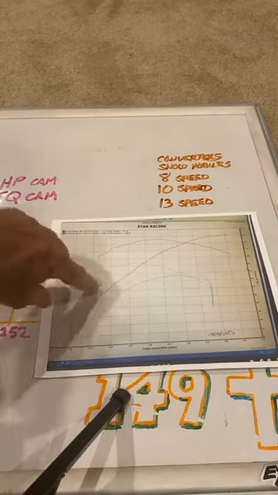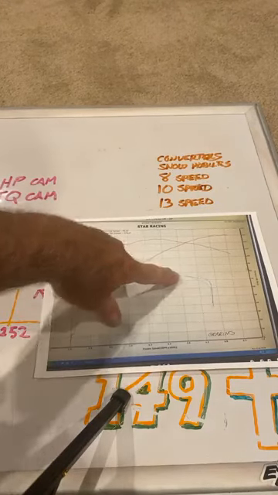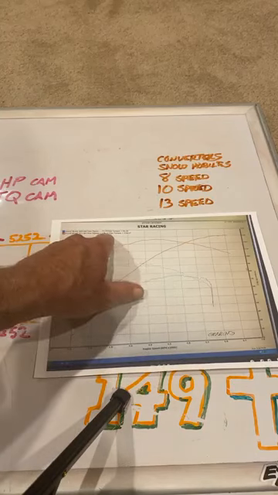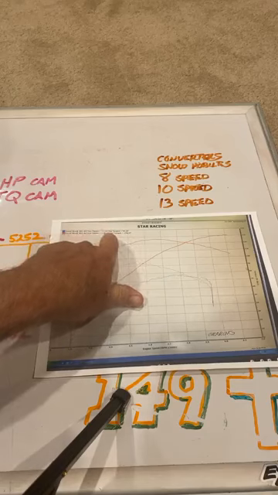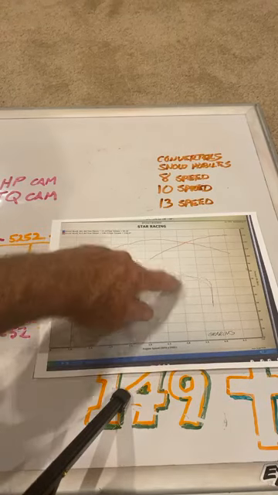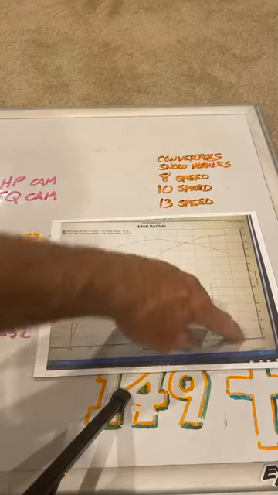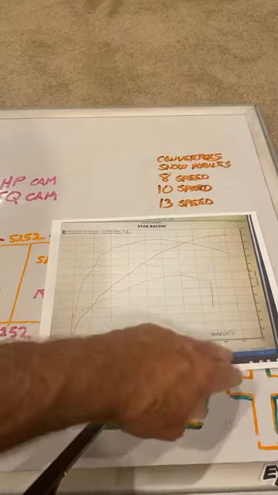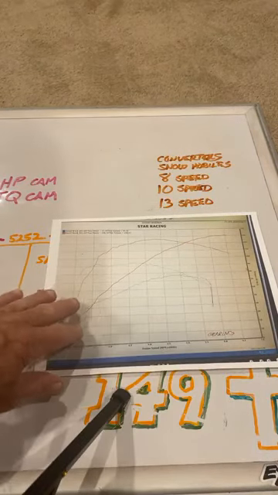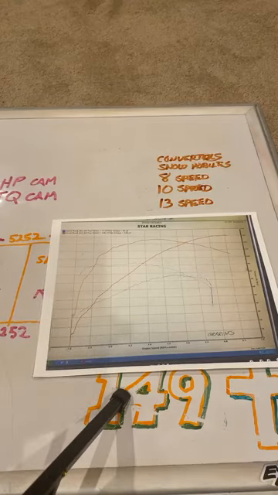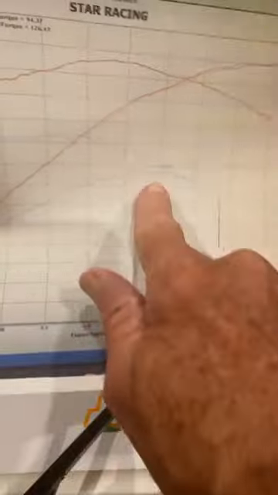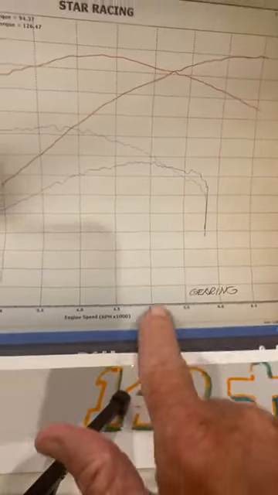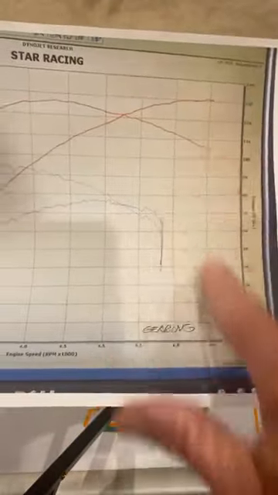And if you look at what the cam did, it moved peak horsepower from about 5,000 over here to 6,500. People say, wow, that's got to make it pretty soggy down low, because you moved the peak power from 5,000 all the way over to 6,500.